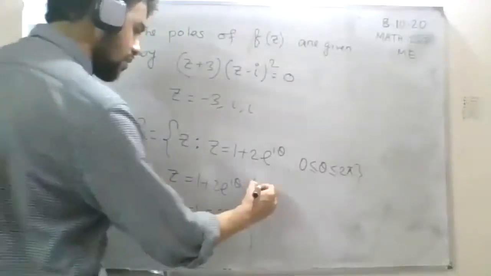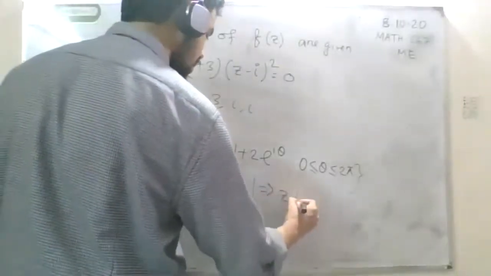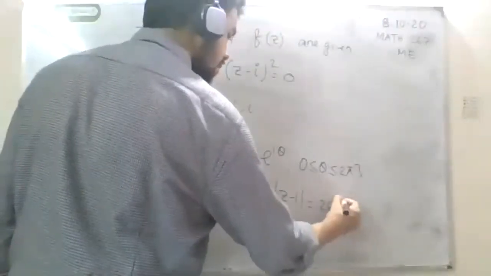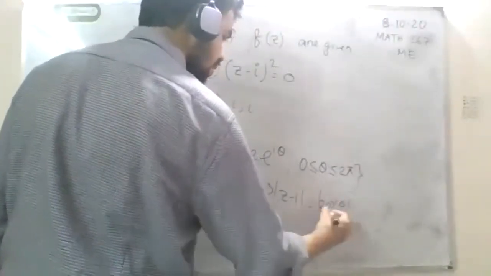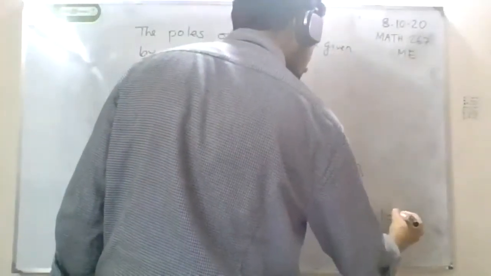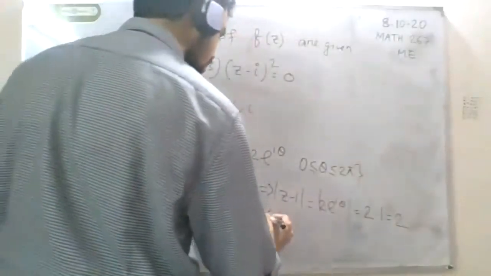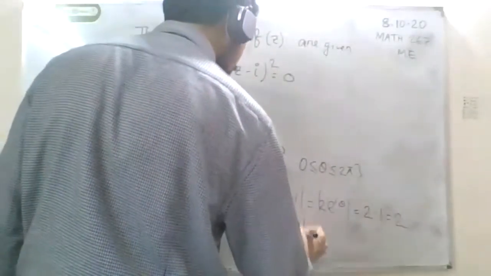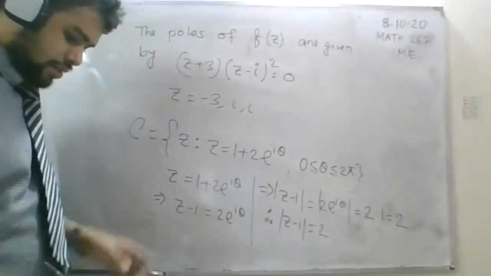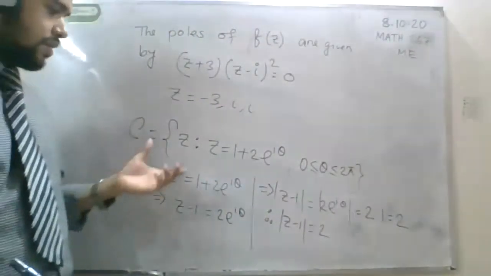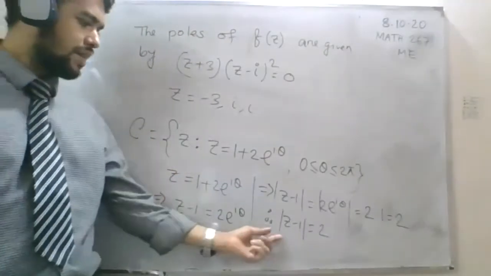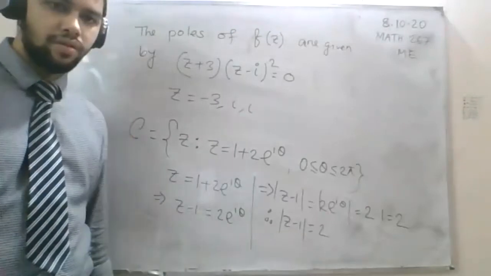And if you take the modulus of this equation, you get 2. That means here modulus of z minus 1 equals 2. So you have to find the given curve condition, which is modulus of z minus 1 equals 2.